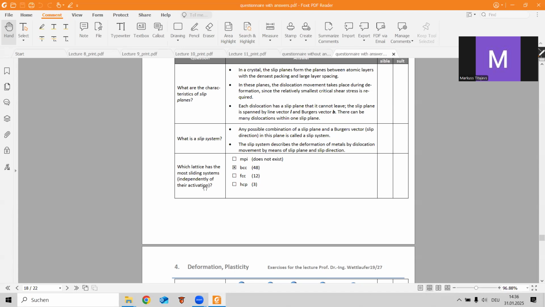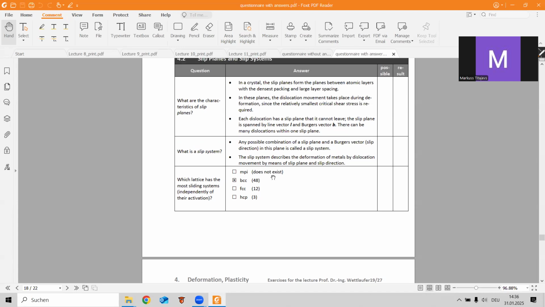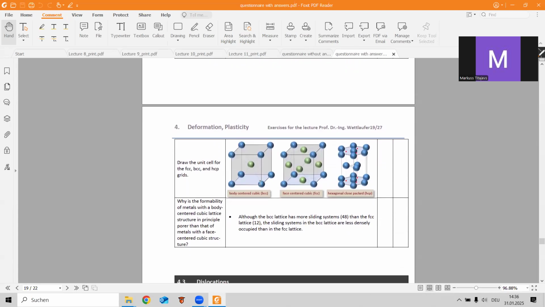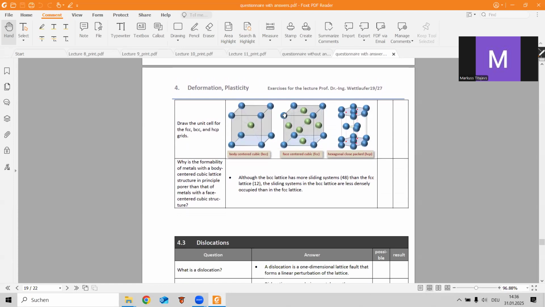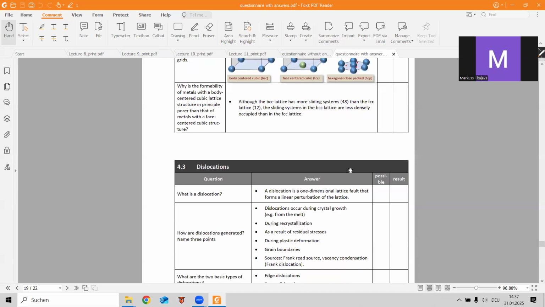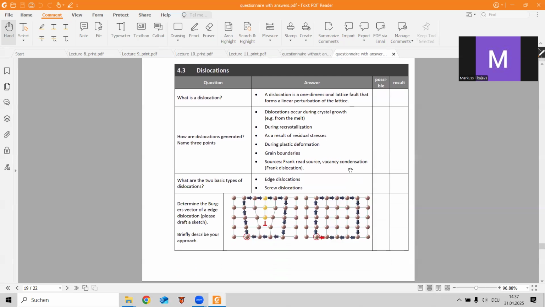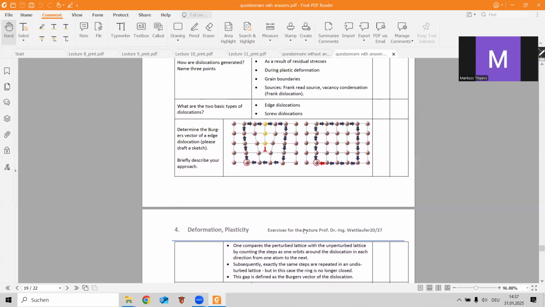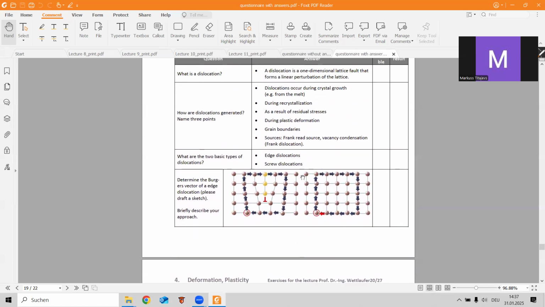Which lattice has the most slip systems? So it's BCC, 48 systems. Cells: body centered cubic, hexagonal. The second vector is edge dislocation, perpendicular; screw dislocation, parallel vector.